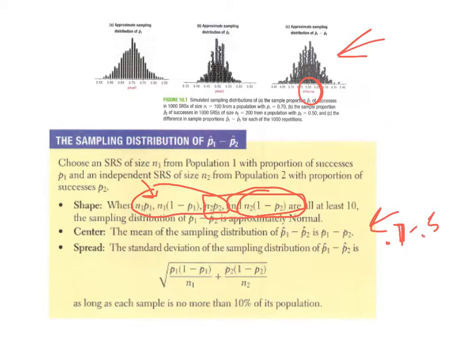Our spread is the standard deviation of the sampling distribution, and I understand this is counterintuitive. You can go back and look at all of your math rules for transforming data, but you're not going to subtract the two standard deviations. Yes, I am looking at the difference between those two proportions, but when I am calculating their standard deviation, I'm going to add them, as long as I meet my 10% conditions, right?